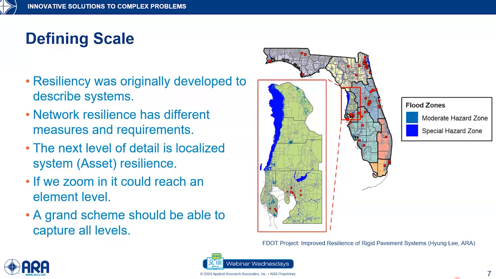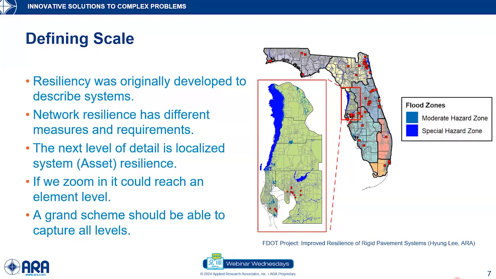So there's also the network resilience. Again, for transportation assets, there are different requirements and measures that we still need to better define. But if we zoom in, there's also the next level of detail, which is what I call localized systems or localized assets. And we'll talk about these throughout this presentation.